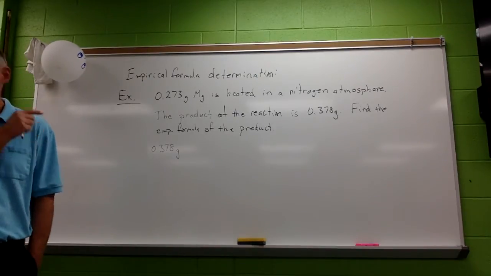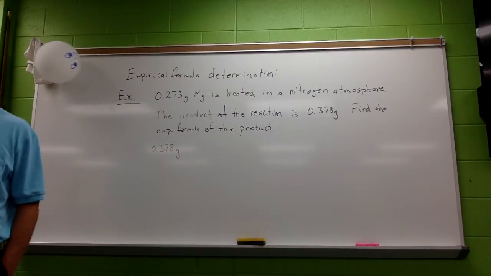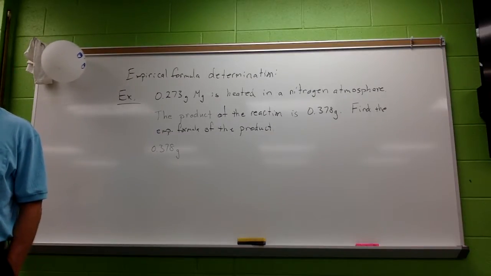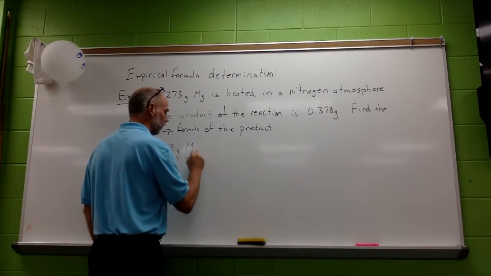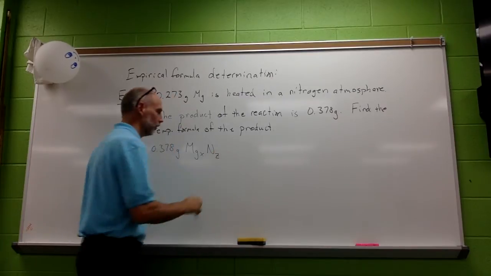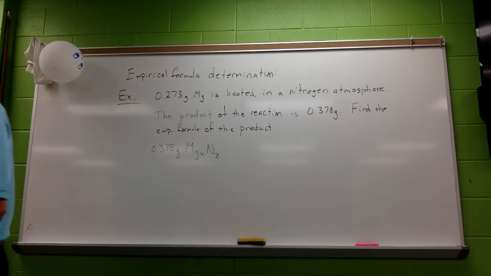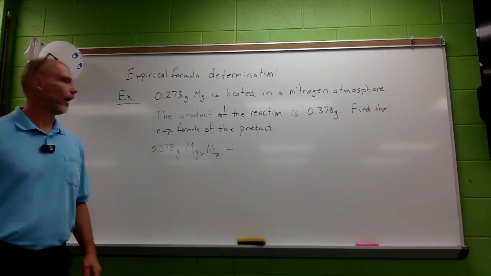In this particular question, what are the components of the product? Magnesium and nitrogen. Now, we don't know the proportion that those are in, but we know it's some sort of proportion of magnesium and nitrogen. Are you guys comfortable with that idea? Great. So there's that. And as, I think it was Kaylee.